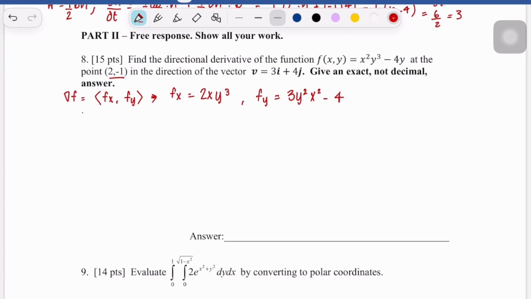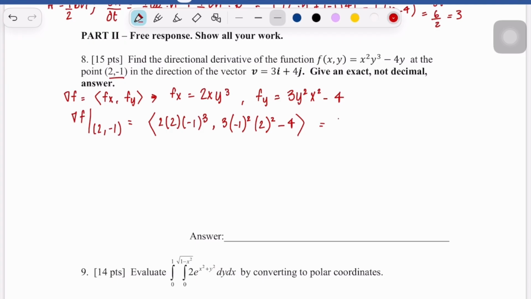Now we plug in the values (2, -1), which is going to be (2 times 2 times -1 cubed, 3 times -1 squared times 2 squared minus 4).